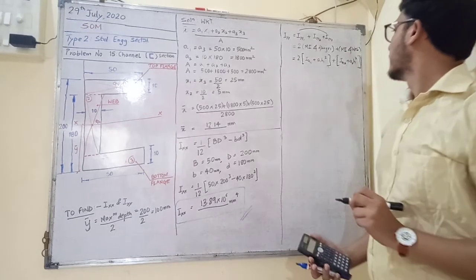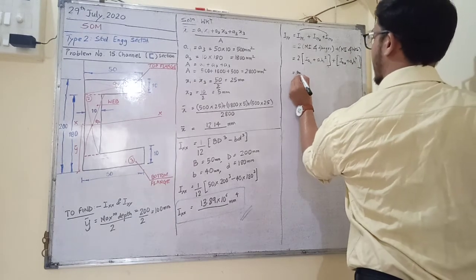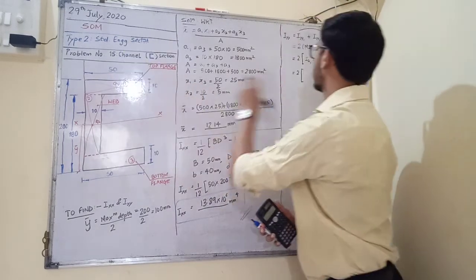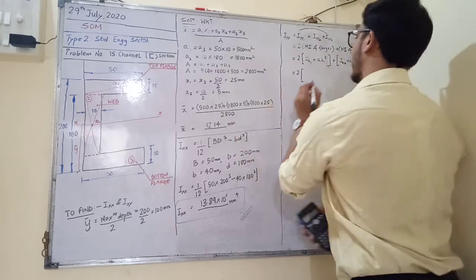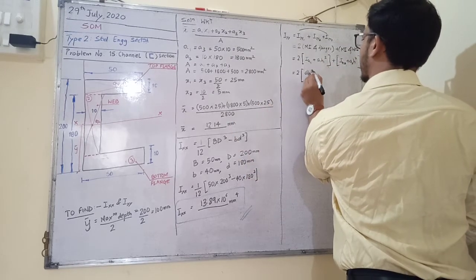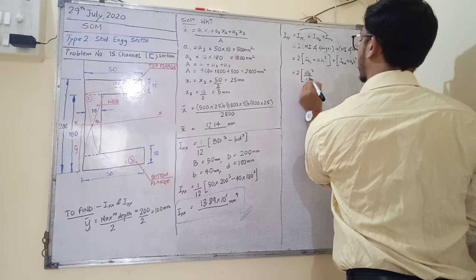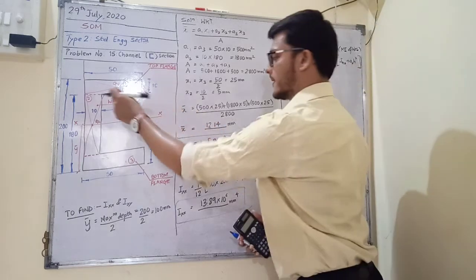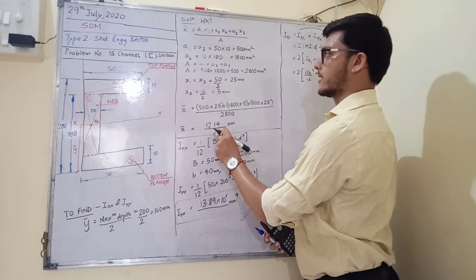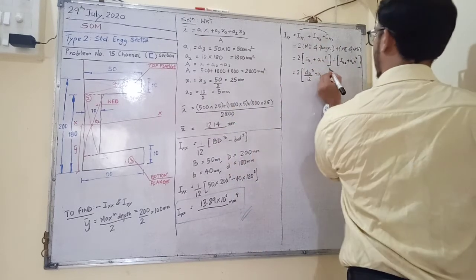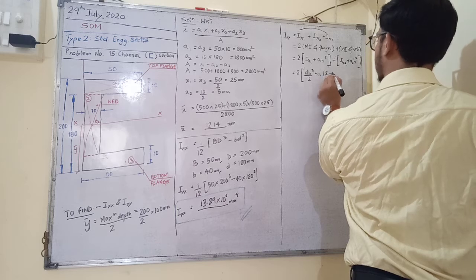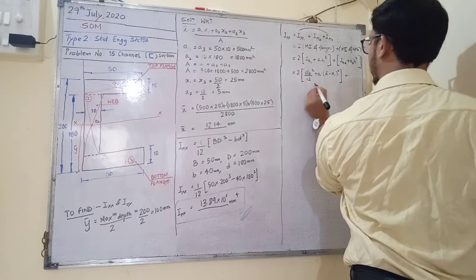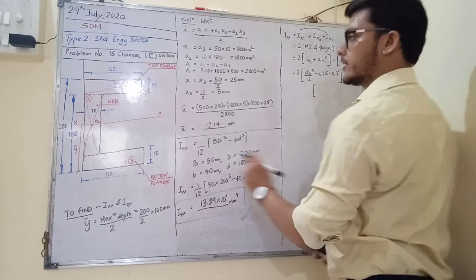Okay. So now I will substitute the values. Ig1, first rectangle, moment of inertia about the y-axis, Iyy will be dB cube by 12, plus A1 as it is. H1 will be what? X bar minus x1. X bar we have calculated over here. So x bar minus x1 square, close this bracket, plus second bracket Ig2.